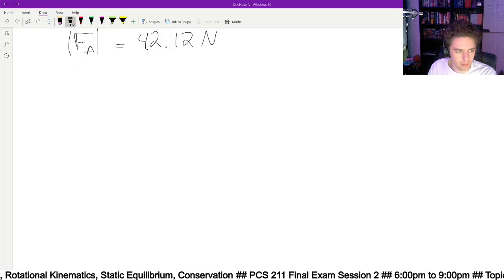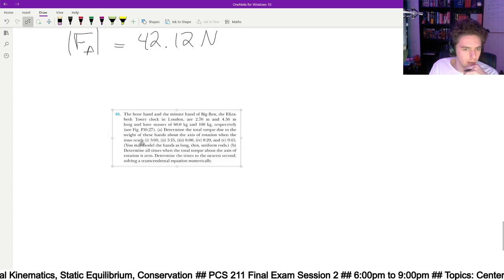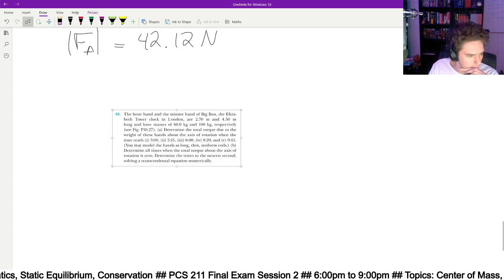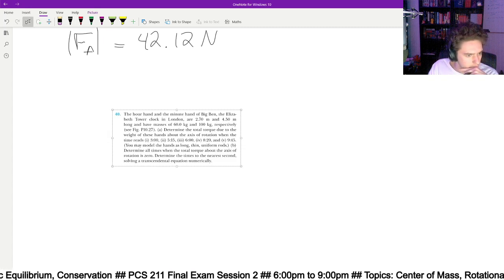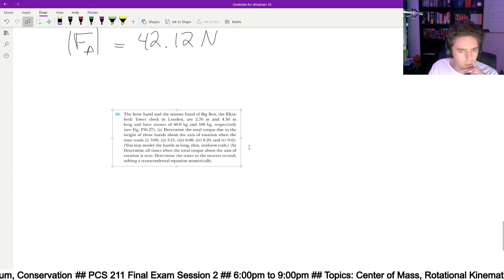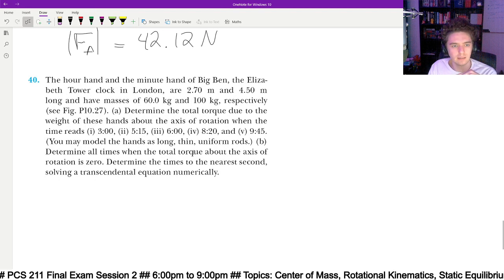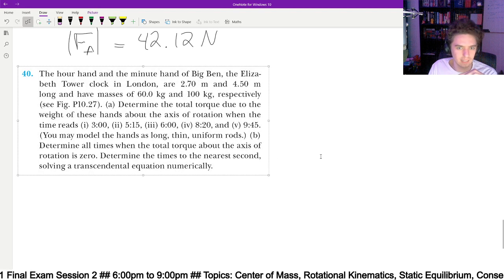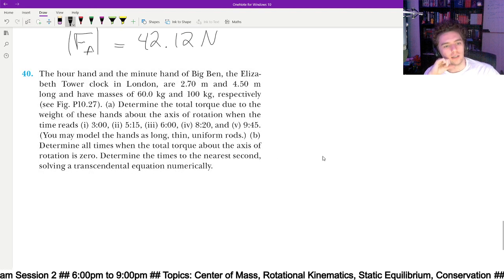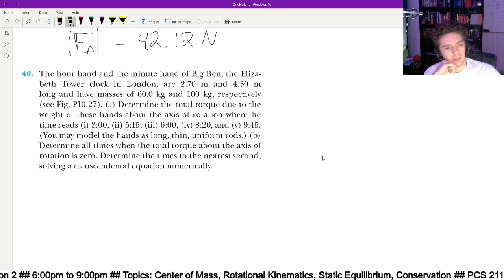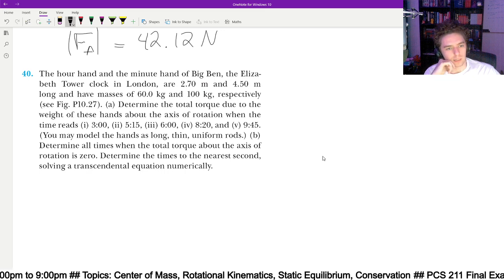Boy, what are we looking at here? Okay, so number 40, we're just doing part A. Is the answer for part A here? Yeah. So the hour hand and the minute hand of Big Ben, the Elizabeth Tower clock in London, are that many lengths long and have those masses respectively.